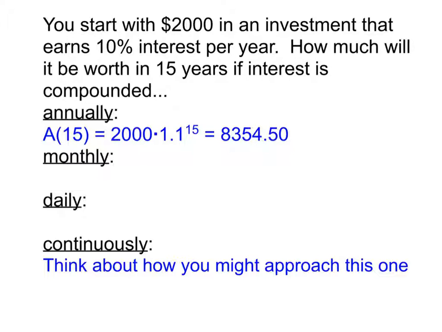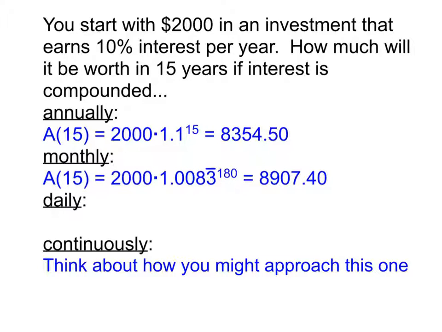So now on to monthly. For the monthly compounding interest, that means we do need to use our new equation. Our n value here is going to be 12. But the p and the r and the t are all the same. It's just that now n equals 12. So in this case, we end up getting 8,907.40.